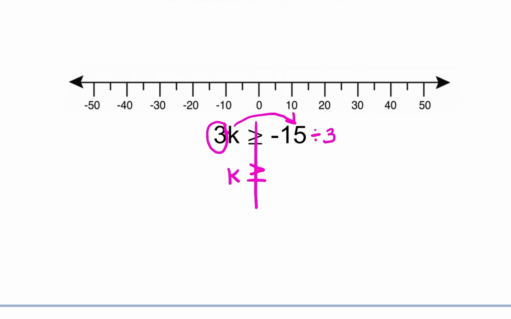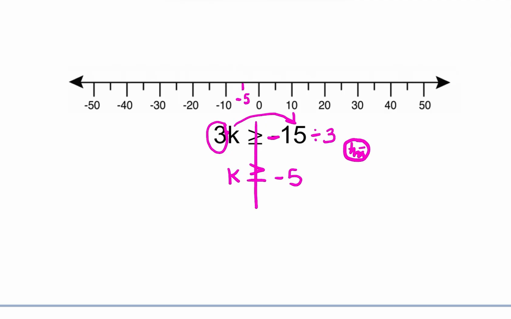So I have k is greater than or equal to, I notice I have a negative, and I'm dividing, so integer man. -15 divided by 3 would give me -5. So on this number line, I have 0, -10, and hopefully we know what's in the middle of 0 and -10. It would be -5.